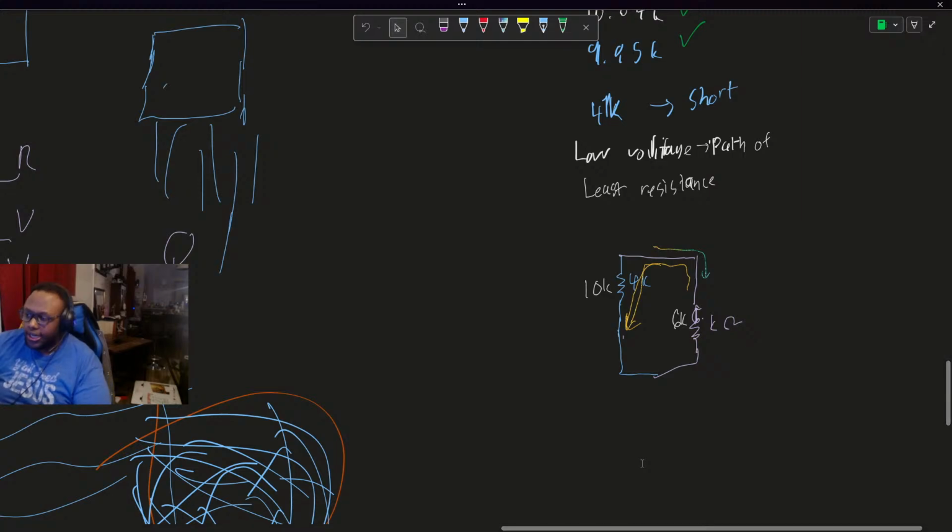So a short circuit is any time that the resistance is lower than what is expected. In most cases that you'll encounter in this classroom setting, a short is equal to 0.